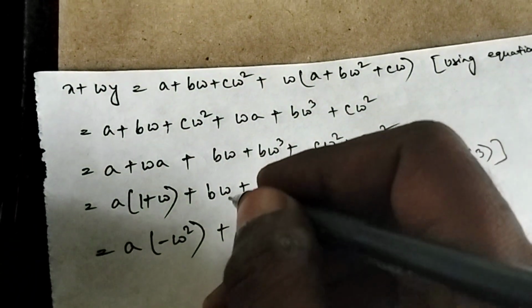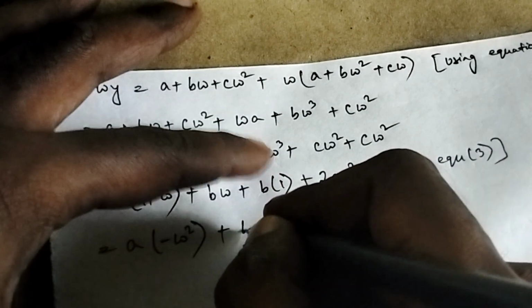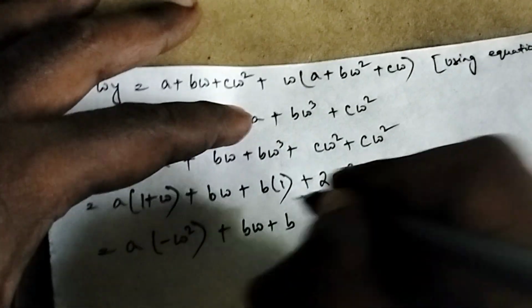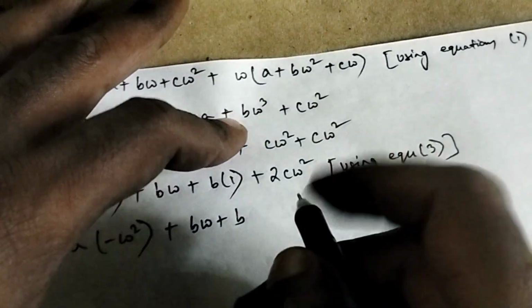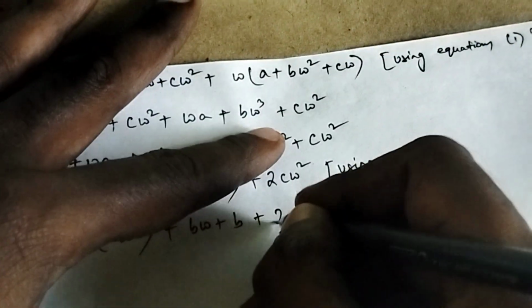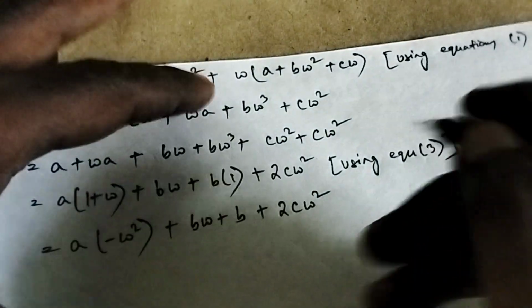Plus b omega plus b into 1 is b, plus 2c omega square.